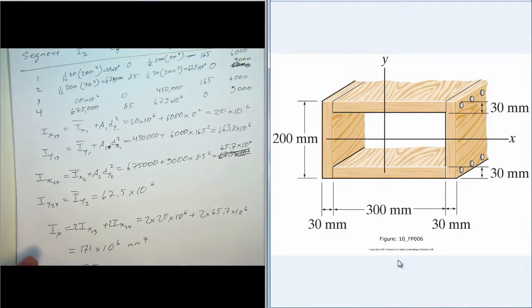So it's the sum of the Iy's, so it's 2 of these plus 2 of these, and that's 463 times 10 to the 6th.